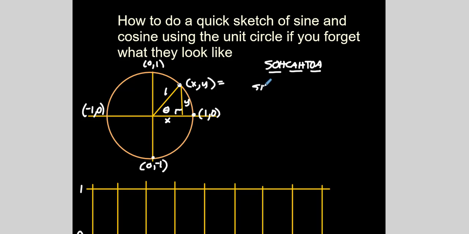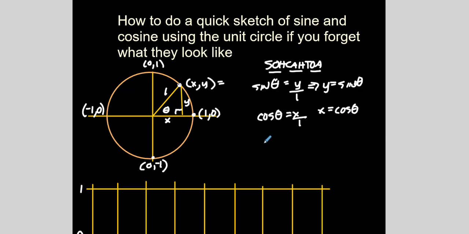So sine theta from the unit circle diagram here will be y over 1, which implies that y equals sine theta. Then cosine is adjacent over hypotenuse, so cosine theta is x over 1, which implies from cross multiplication that x equals cosine theta.